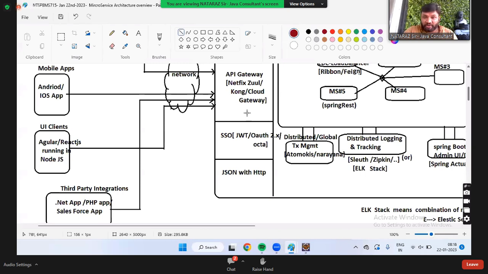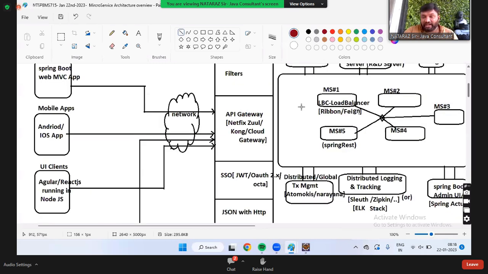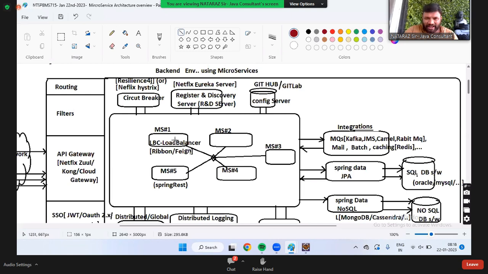Sir, there is no arrow between the API gateway and the load balancer. That is implicit, babu. Did I put any arrows between the microservice and the Eureka server? No. So I need not put the arrow, boss.